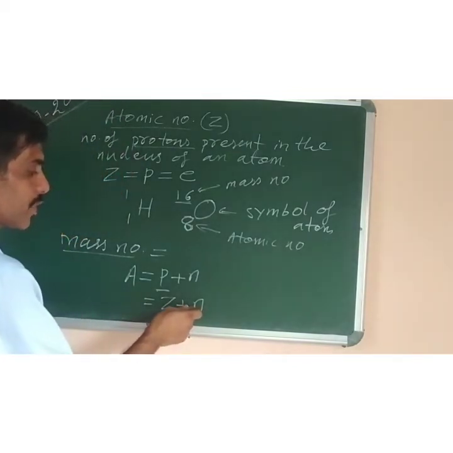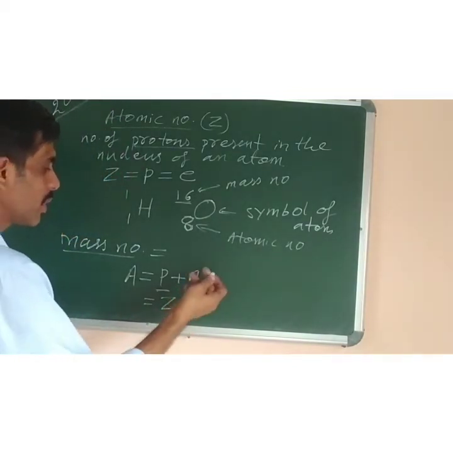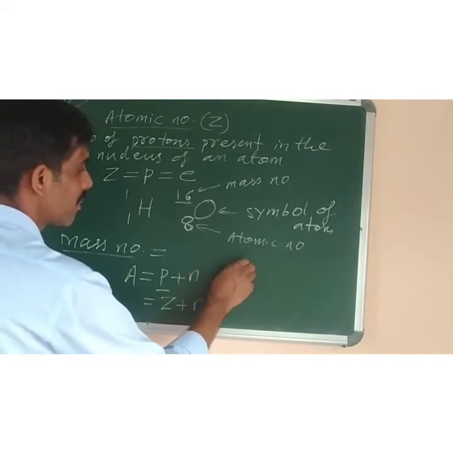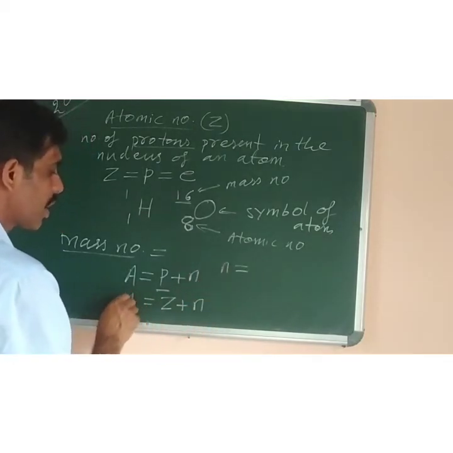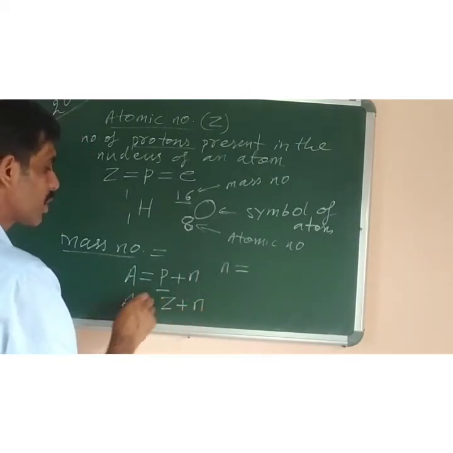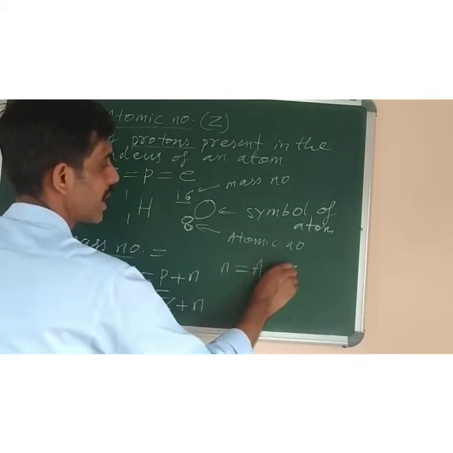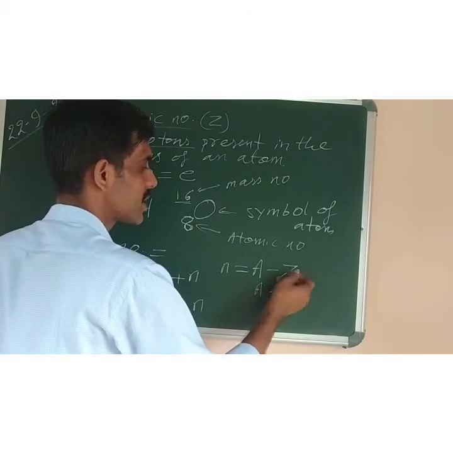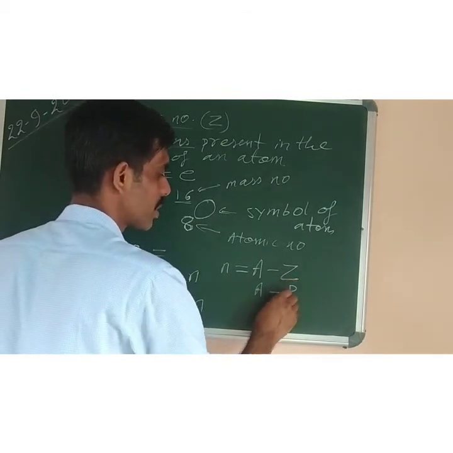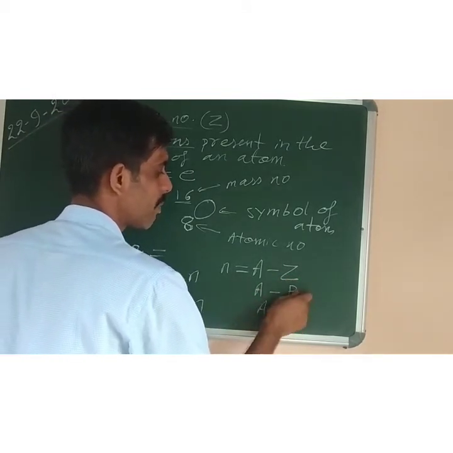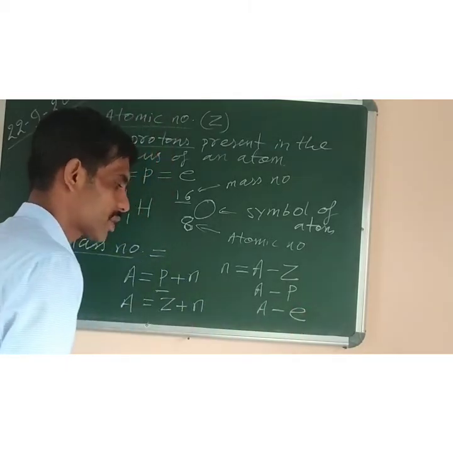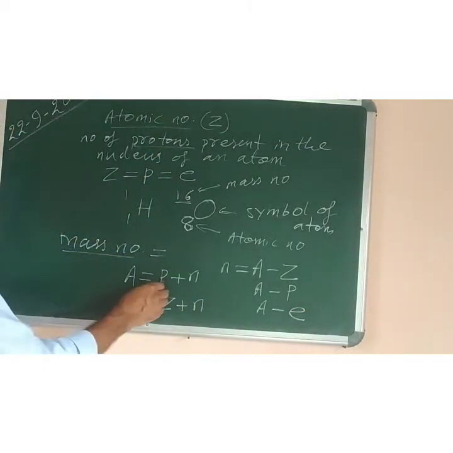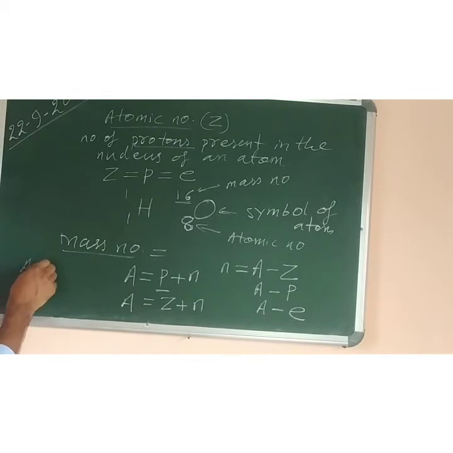If you have to find the number of neutrons, how will you get the number of neutrons from this formula, A equal to Z plus N? So N is equal to A minus Z, that is mass number minus atomic number, or mass number minus number of protons, which is same as number of electrons. Okay, so instead of writing proton, we can also write atomic number.